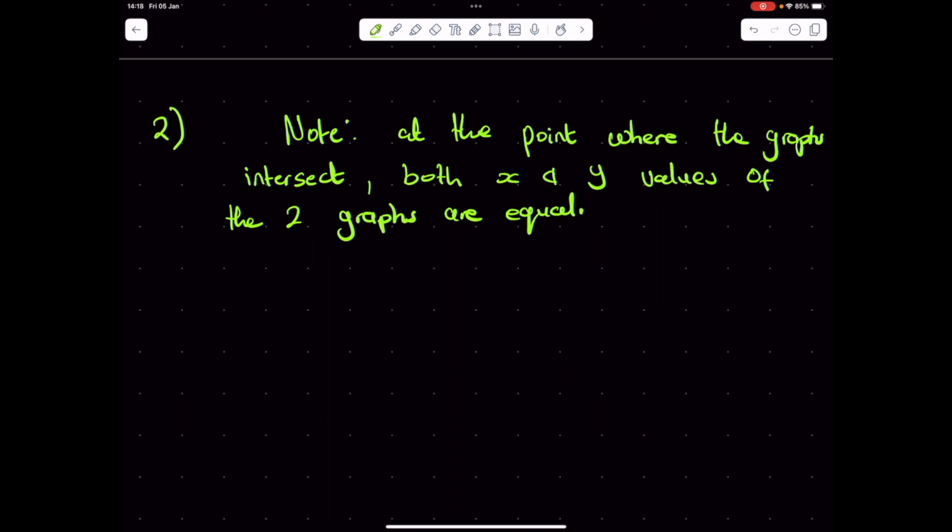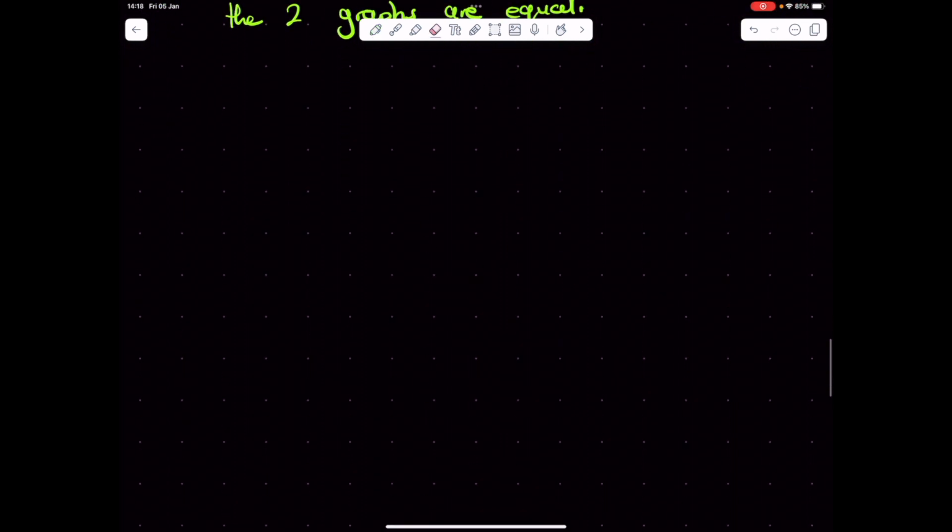All right, so both the x and y values are equal. Perfect. So now, bearing that in mind, we have to equate the two graphs, f of x and g of x.